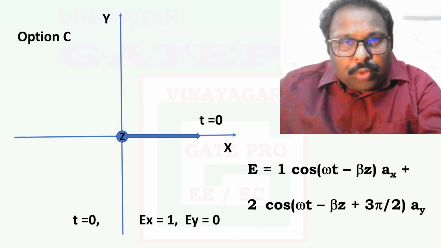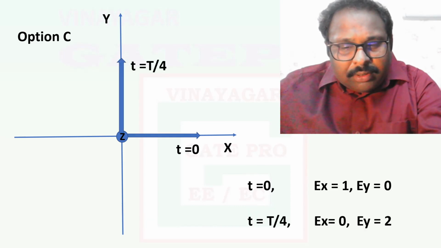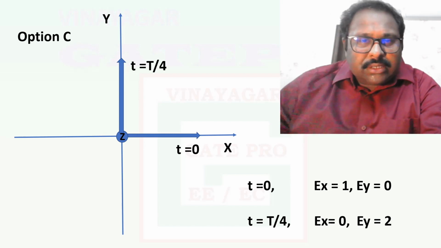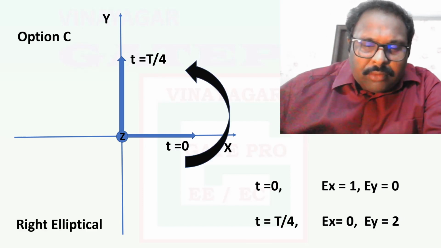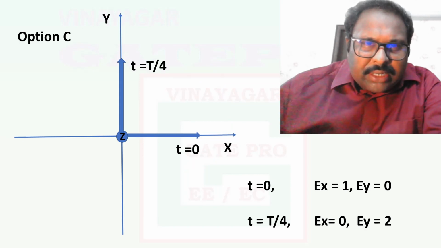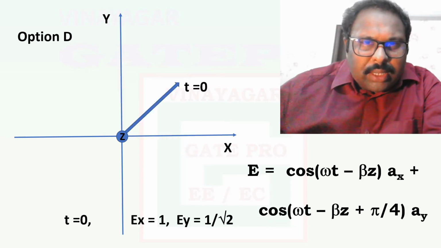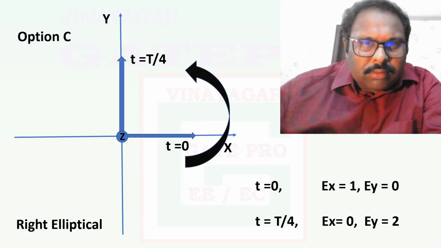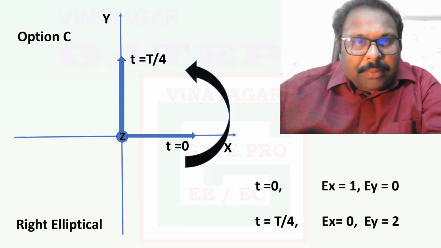That should be coming to be 2 pi, so cos 2 pi is supposed to be 1. So this time the trace is going upward. That means from the previous case and this, the trace is exactly opposite. So I'm checking at every time instance. That's all I'm doing, nothing else. Checking at every time instance, t equal to 0, t equal to t by 4, and checking how the trace goes. This is clearly right elliptical. So option C is right elliptical.